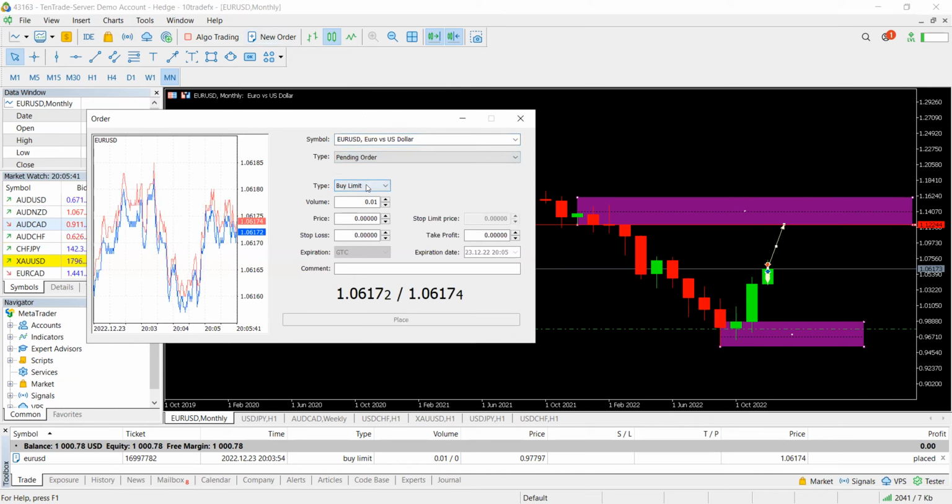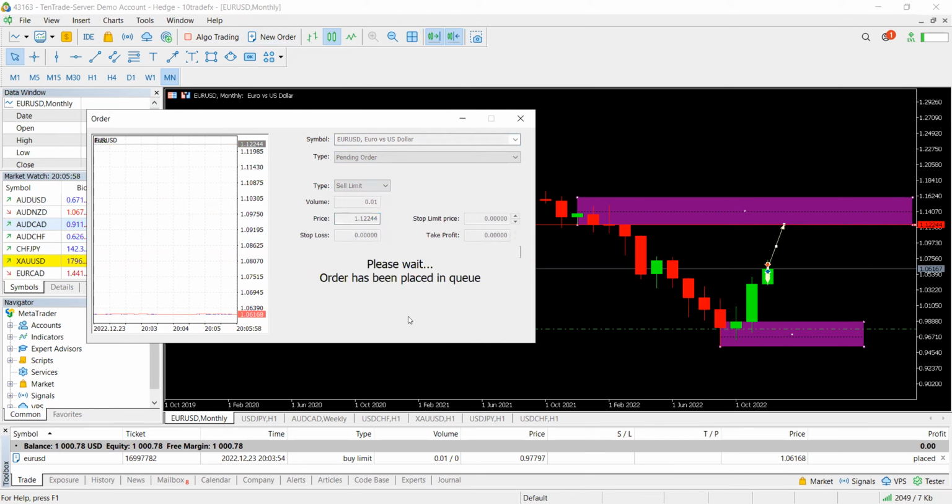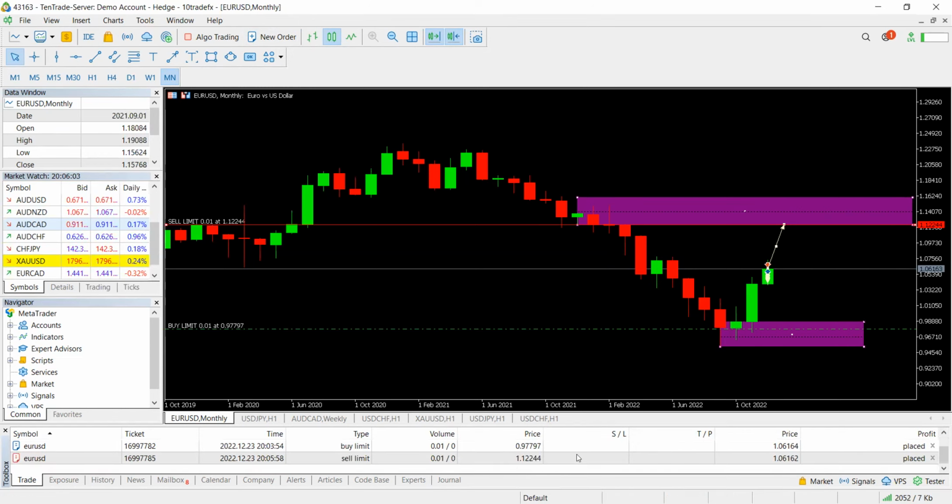Under type, select sell limit, volume, put your lot size there, and then price is the price where you want to enter for a sell, which is 1.12244. Okay, it's as simple as that. And then immediately you see the pending order. It will not be active until price gets inside that zone.